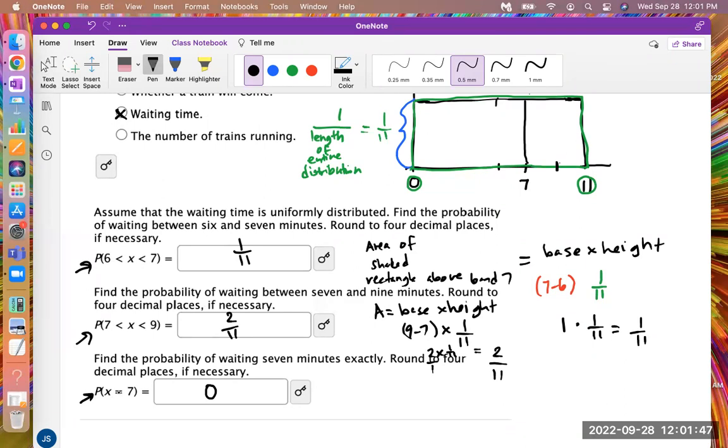Whenever we're dealing with a continuous random variable, the probability of exactly one number is always 0. Like I mentioned, there is no width to that rectangle, so it has a base of 0, so it would have an area of 0. Okay, bye.